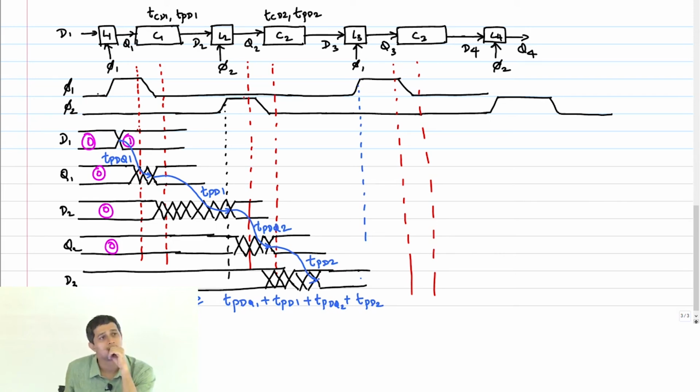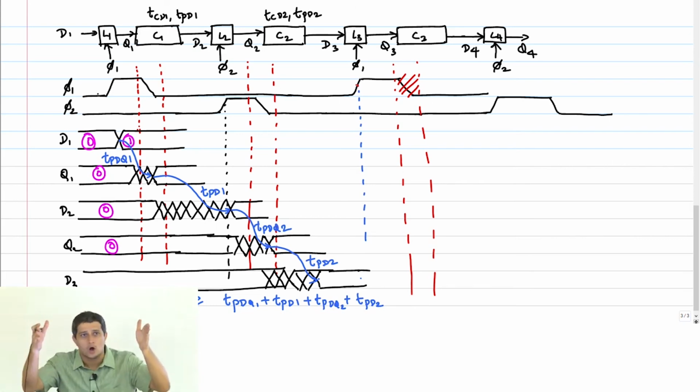There is no setup time constraint here is what I am trying to say, because the setup time is actually on the falling edge. You see, this is my window. This is my violation window, the setup hold time window. It's not here. So that is the key point about a latch. You have the on cycle to actually finish some more computation.